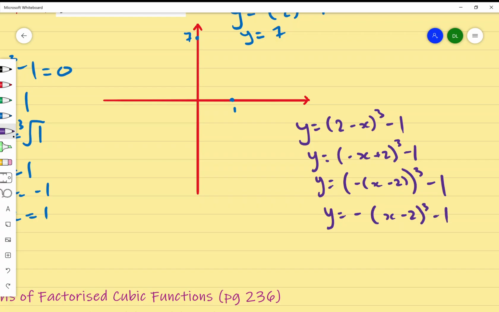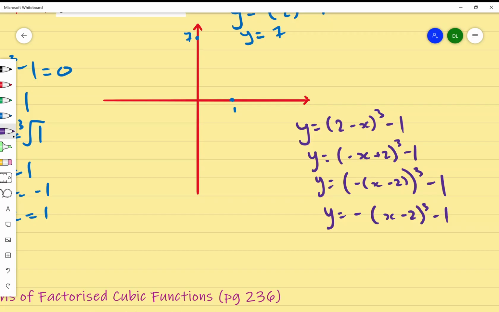It is tantamount to taking out that negative. Now I've done it step by step, and I would really recommend you do that step by step so you don't miss out anything. But when I take out that negative, it gives us something in the form that we're familiar with. We've taken out the negative. What does that negative at the front mean? The shape of the graph is changed.